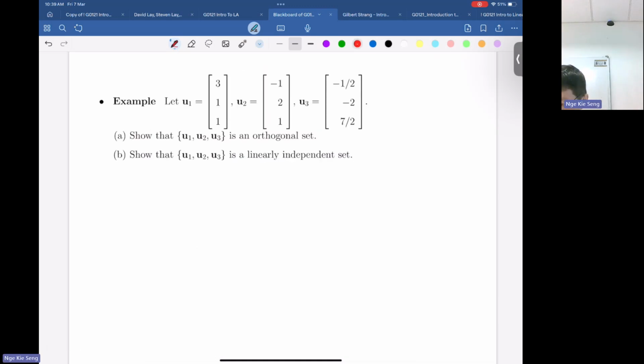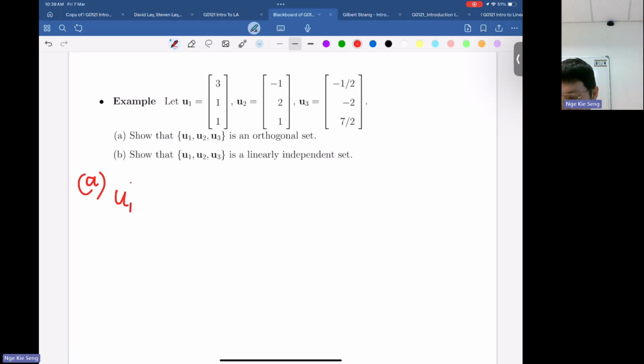So, examples here. Show that these 3 vectors form an orthogonal set. How many dot products do you need to check here? How many? 3. You need to check 3 dot products here.